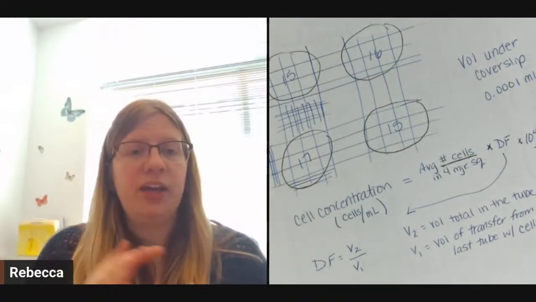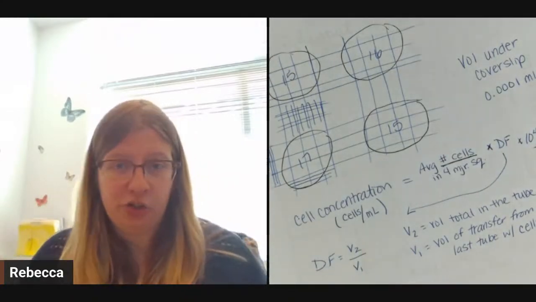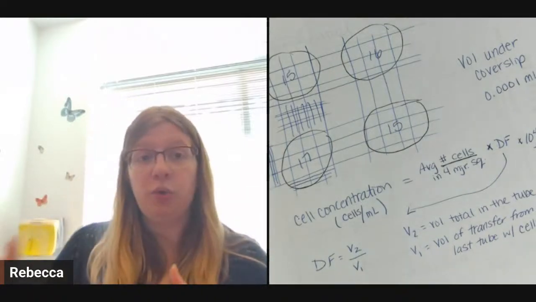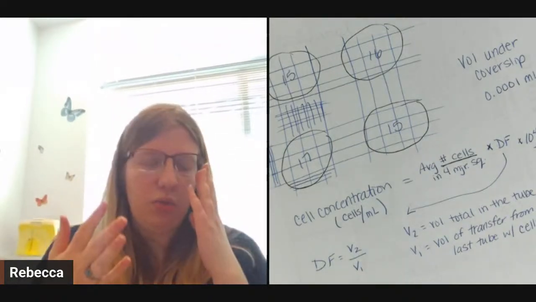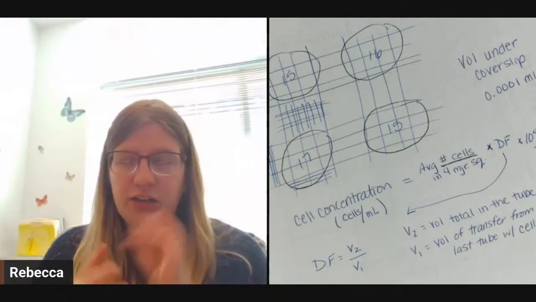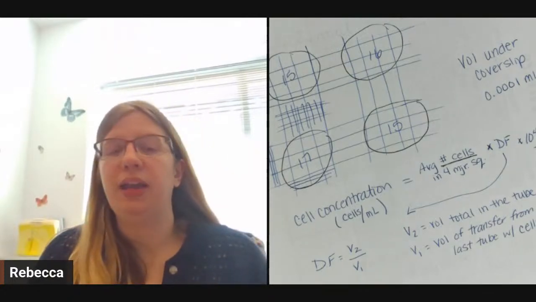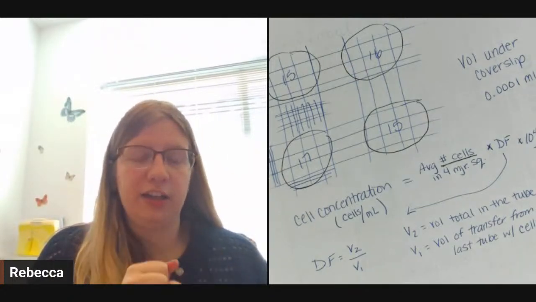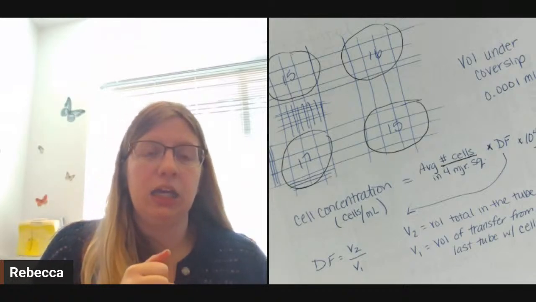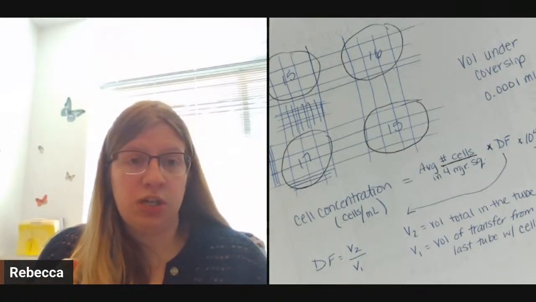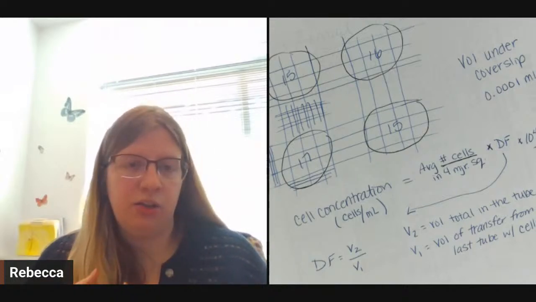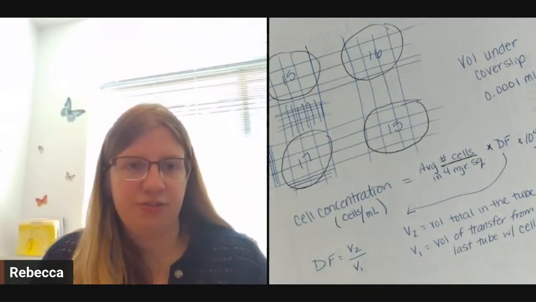But sometimes we have to do multiple dilutions in order to get to a point where something is countable. For example, I know that some of my students' independent projects who are working with algae, I said, okay, let's do a 10 times dilution, and they still were seeing too many cells, so we cut it in half, right?